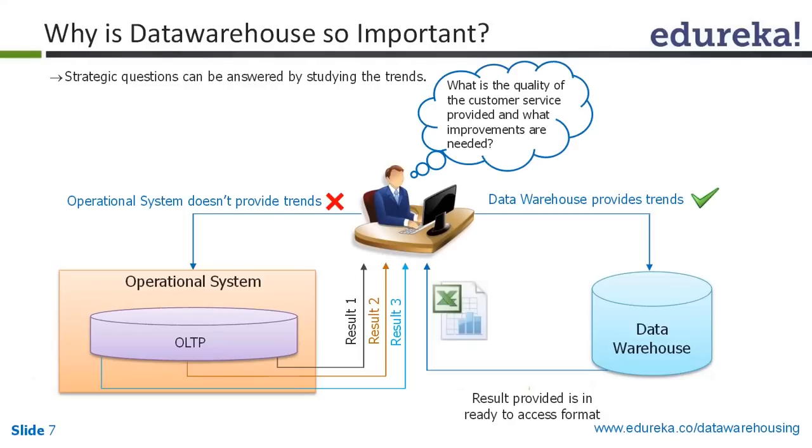A particular product is being sold at a higher level in a particular month. A particular product's sales go down in a particular month, and that happens at regular intervals. Now I can spot that trend because of this history, and when I spot that trend, I can make out a common factor and I can take a decision as to why that is happening.